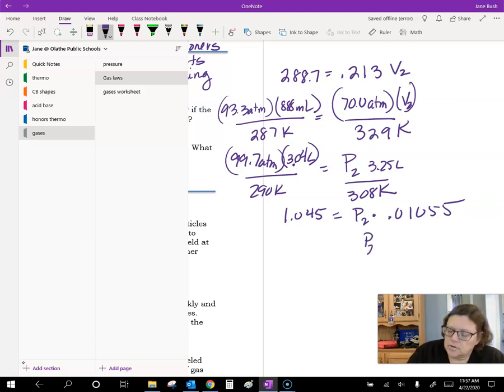So pressure 2 is going to equal 99, and our units we were using were atmospheres.